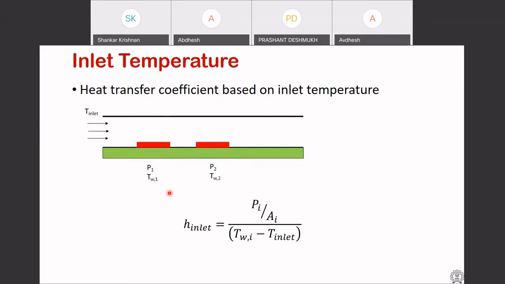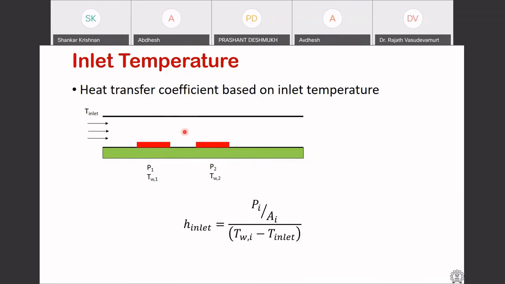So this clearly has some issues, because when the flow goes over this heat source and I am dumping some amount of heat into the airstream, the airstream gets heated. That heated airstream now meets the second heat source.